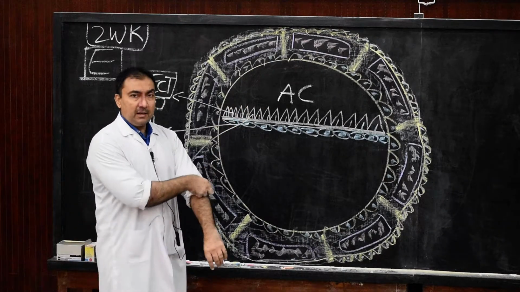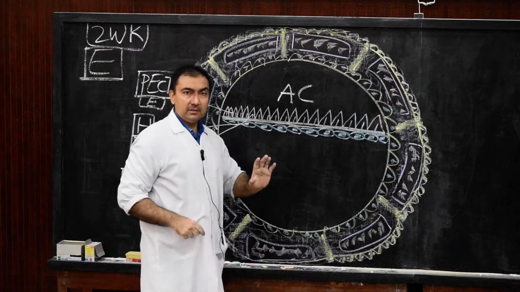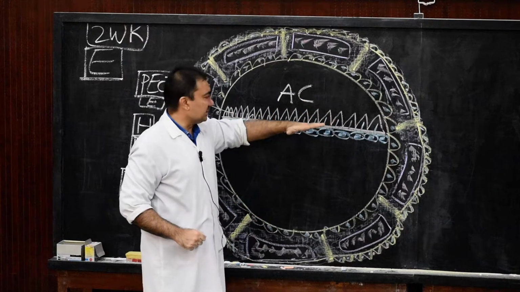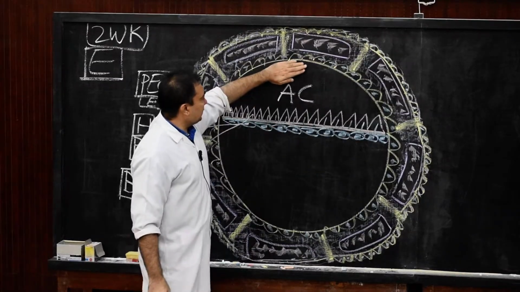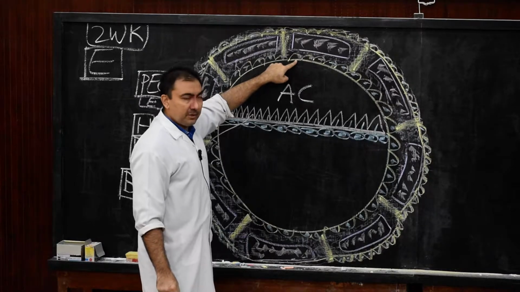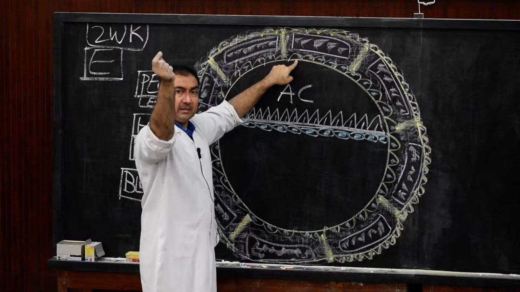Now coming to the amniotic cavity: after the establishment of the bilaminar germ disc, certain cells from the embryonic pole of the cytotrophoblast become flat.